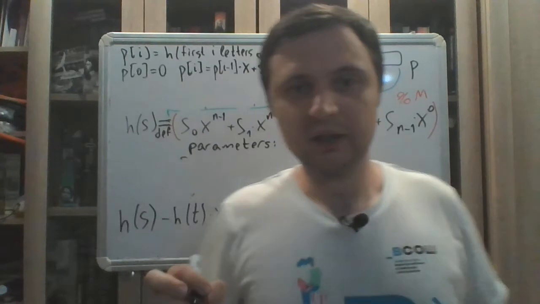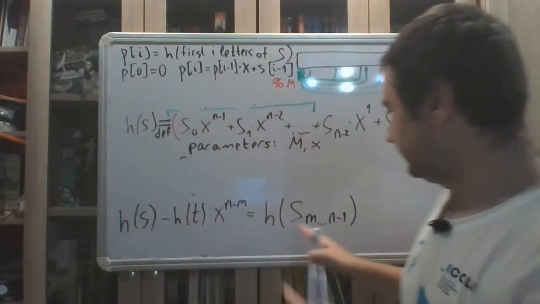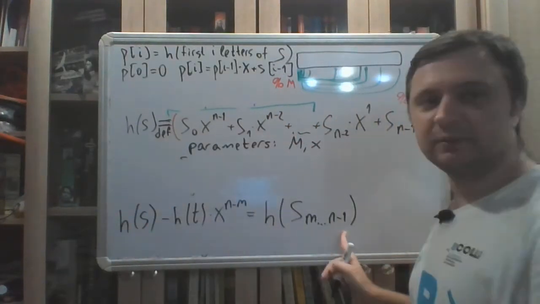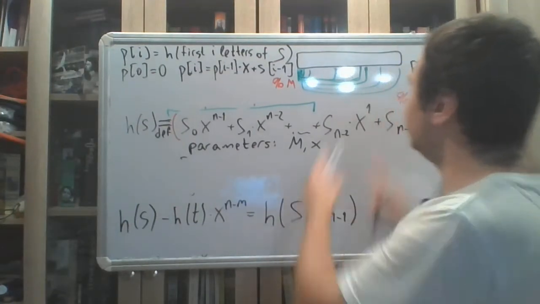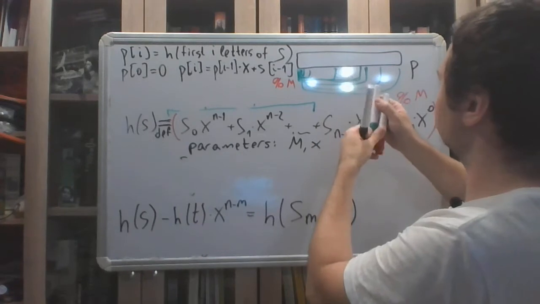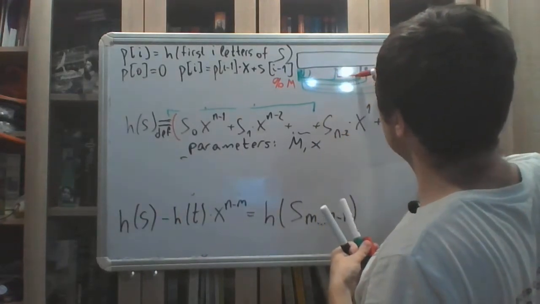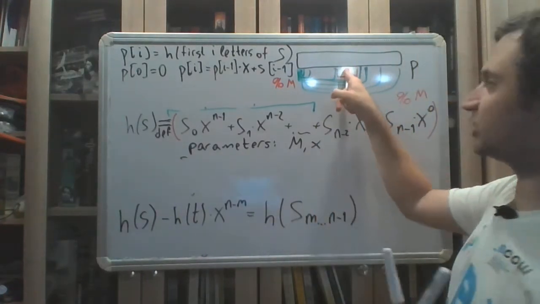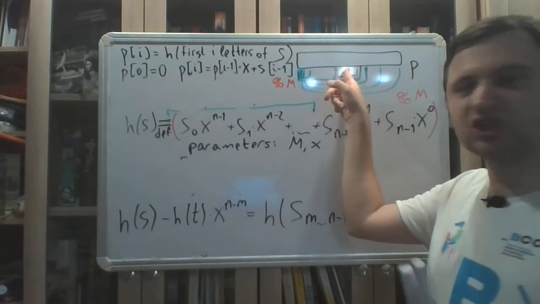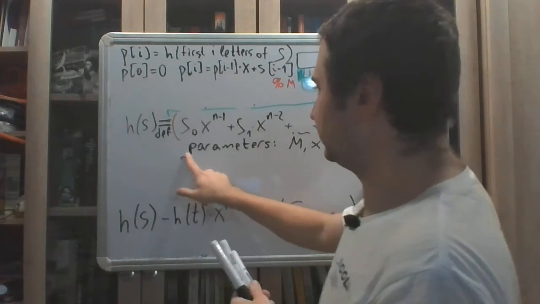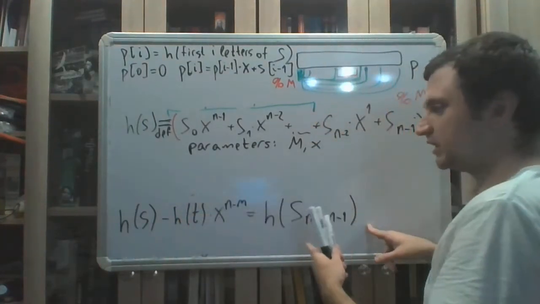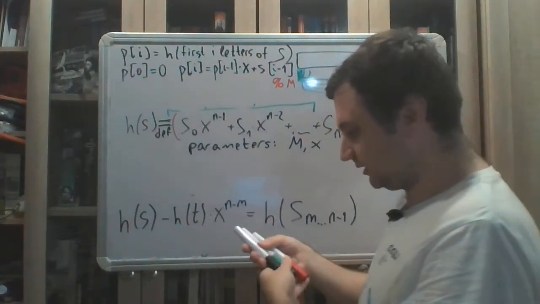So now any substring of s can be expressed, the hash function of any substring can be expressed in terms of, let me restore the red part, any hash function of any substring is expressed in terms of such prefix and such prefix. Let's rewrite this once again using the array p.